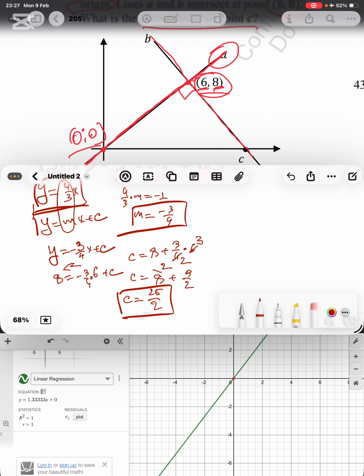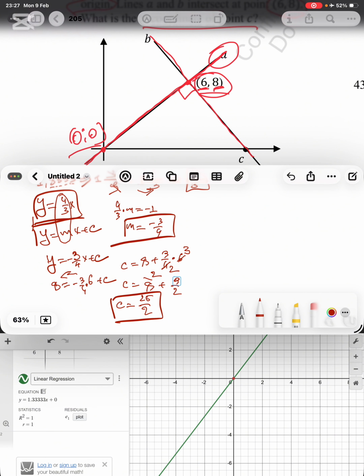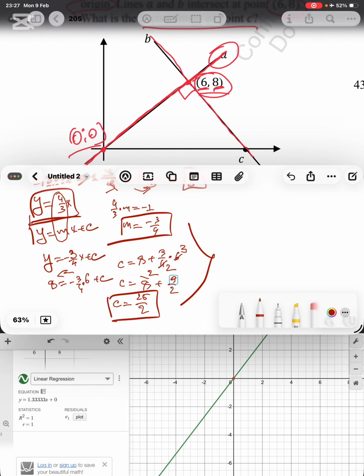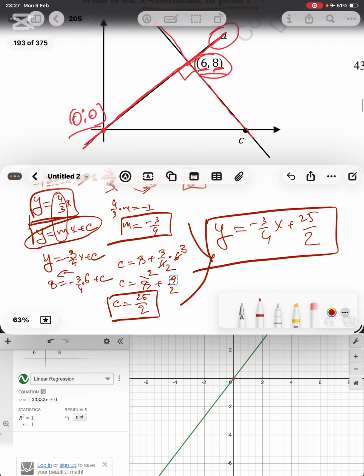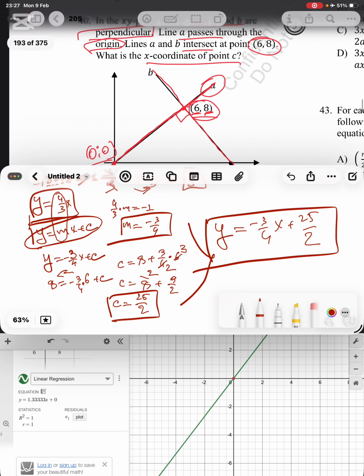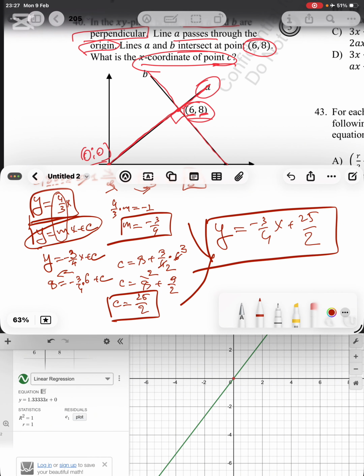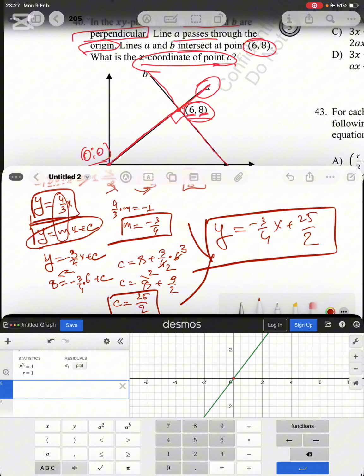Okay, now we know the value c and m at this point, right? So when you connect them to here, our equation is going to be minus 3 divided by 4x plus 25 divided by 2, right? Okay, it says what? It says find the x coordinate of the point C. So just simply, you may again create this expression as minus 3 divided by 4x plus 25 divided by 2.